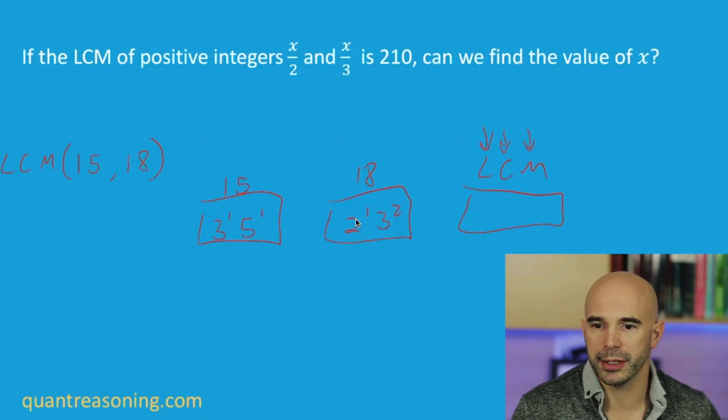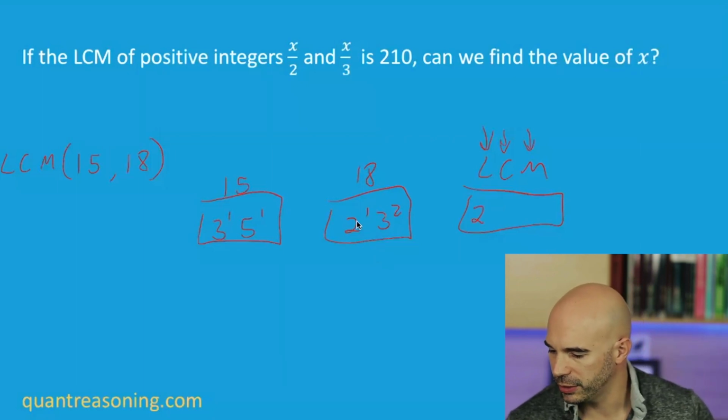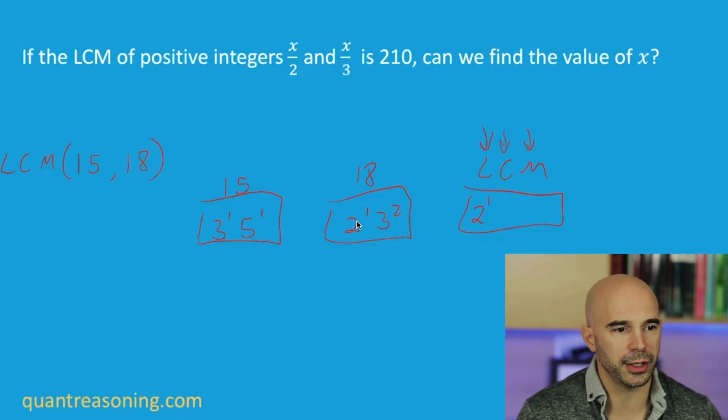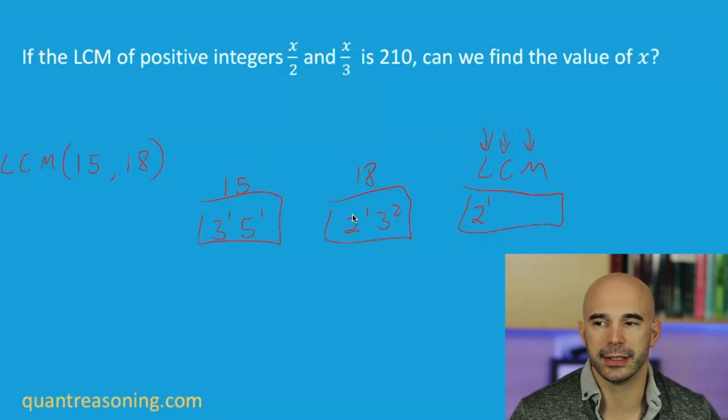How many 2's must I include in the LCM? Well, it looks like one 2 is sufficient. I don't need more than a single 2 because, looking at the prime boxes of 15 and 18, one would be enough. And then next I go to 3's. Is it necessary to have any 3's? Yes.